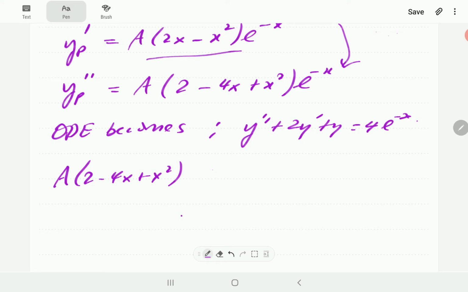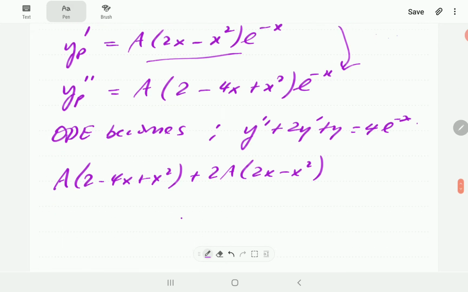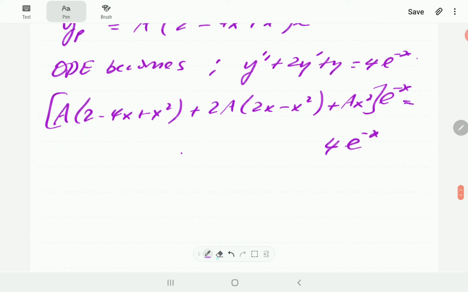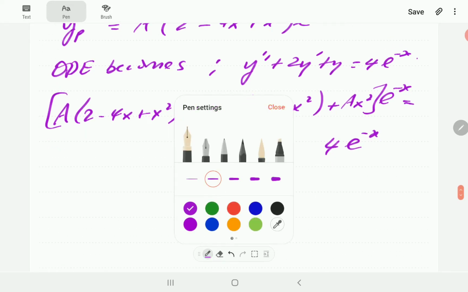Then 2 times this one is going to be 2a, 2x minus x squared, and then yp is just a x squared. So everything here is multiplied by e to the minus x. And then on the right hand side we've got 4 times e to the minus x.